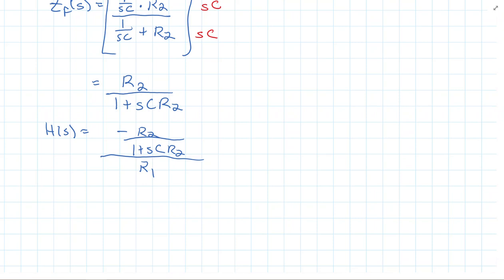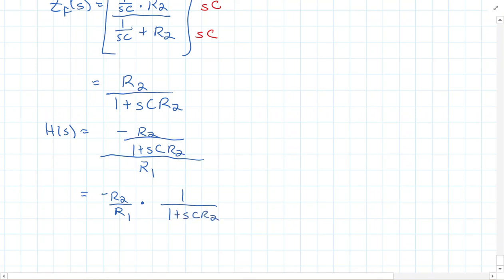And then just rearranging some things here, we could rewrite this as minus R2 over R1 times 1 over 1 plus SCR2.